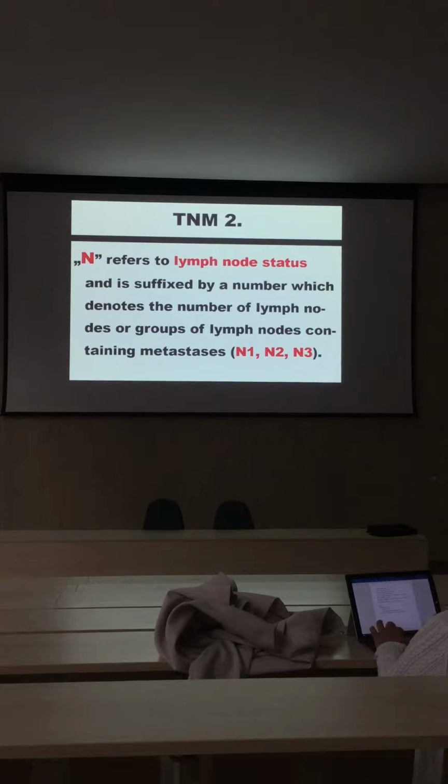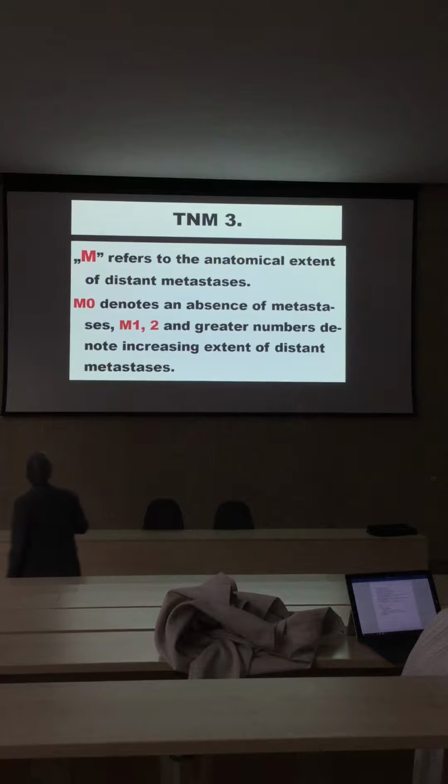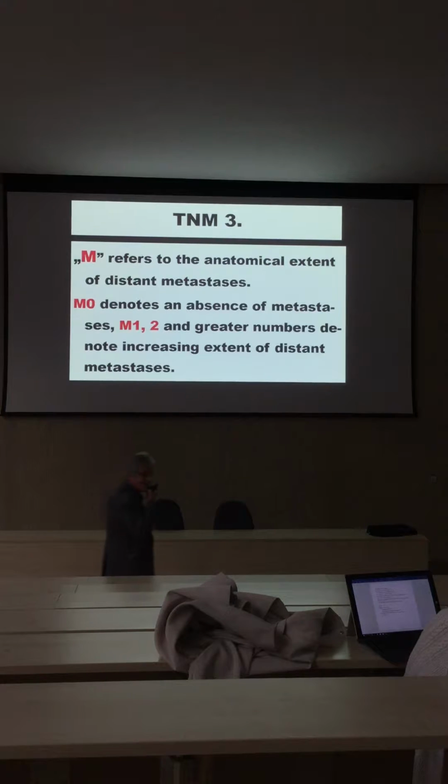N1 does not equal one lymph node, and N2, two lymph nodes. Therefore, TNM is a simplified but not full picture of staging. I'll get back to that later. And M refers to metastases. Again, M0 denotes absence of metastases, but that is a complicated issue again.